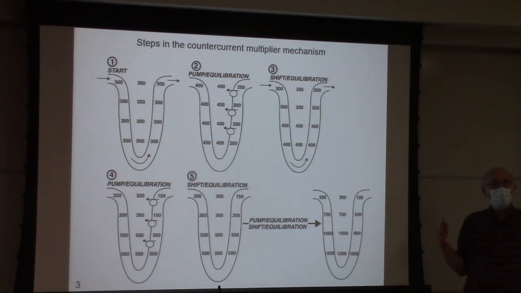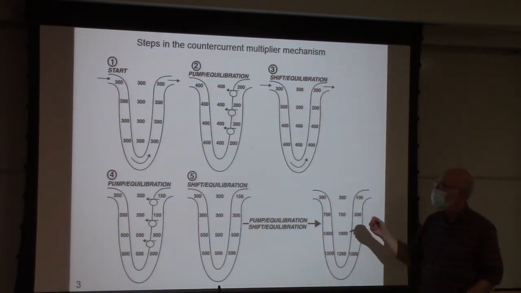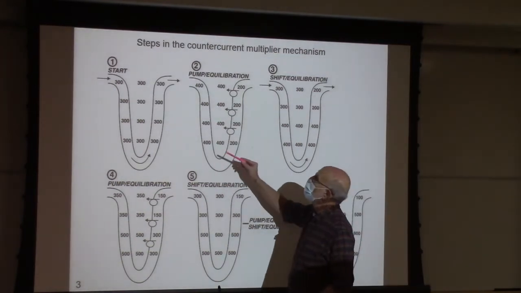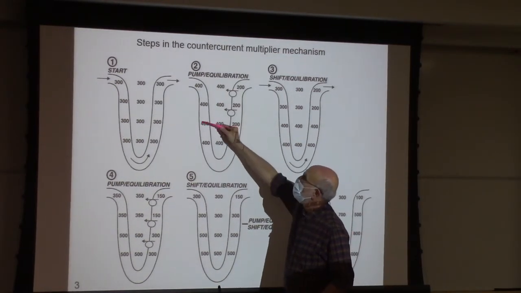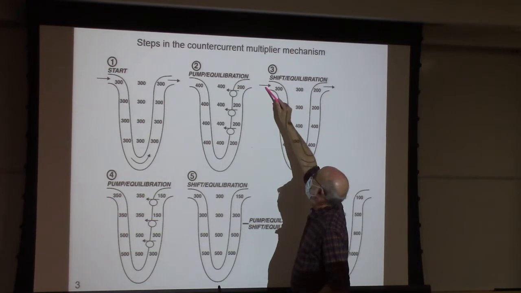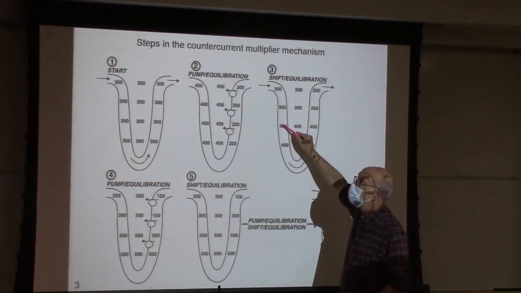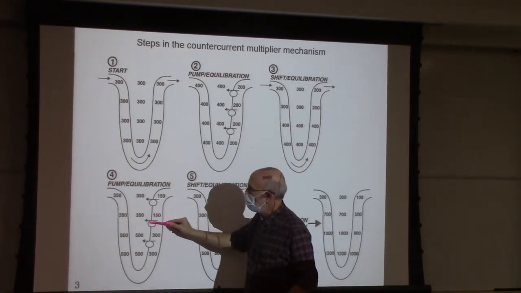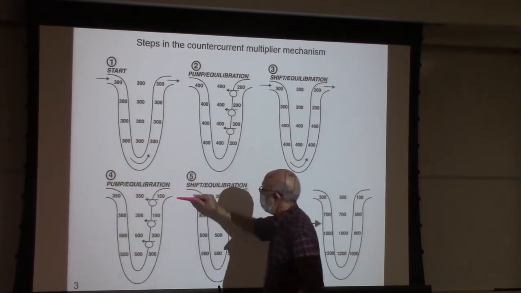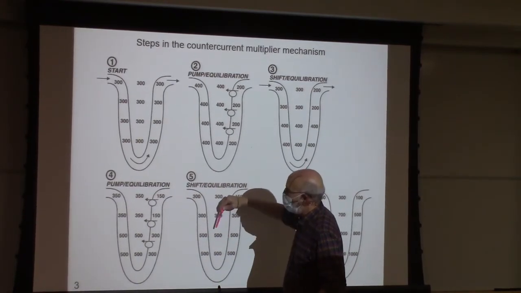So if I could walk through this again, what you can do is walk through it with pumping and equilibrating and moving some new fluid in, and pumping and equilibrating and moving some new fluid in, and pumping and equilibrating.